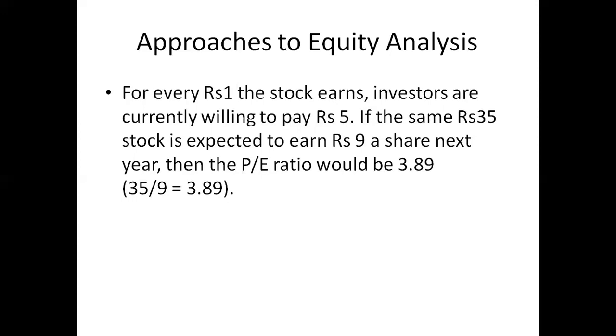This is the first year, 5 by 1, but then the next year it is 35 and expected to earn rupees 9, and the price earnings ratio is 3.89, because 35 divided by 9.